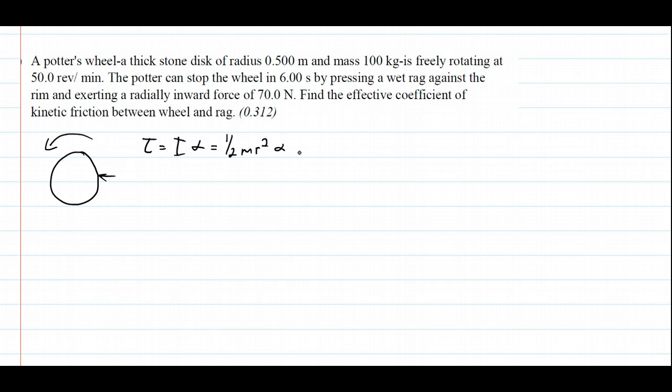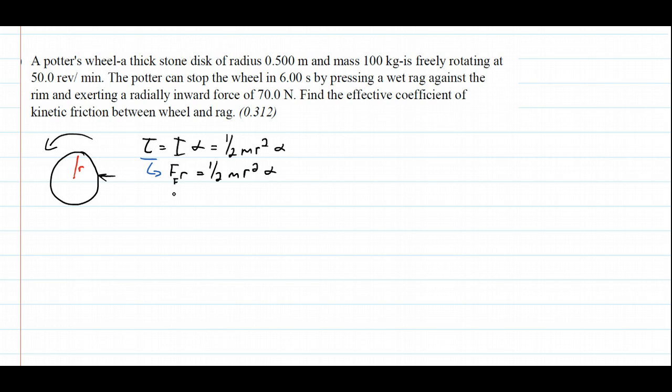And so we just make that substitution for our moment of inertia. We also know that our torque is going to be force times lever arm. And in this case, the lever arm is actually going to be the radius of the disc. So I'm just going to write force times radius equals 1/2 mr squared times alpha. It's important to realize that this force is in fact our frictional force.